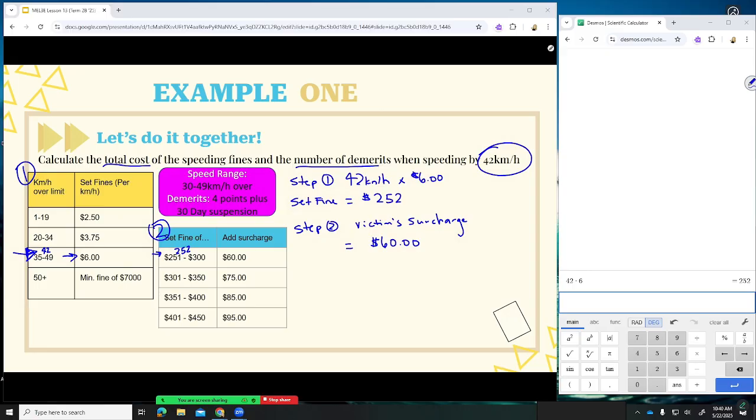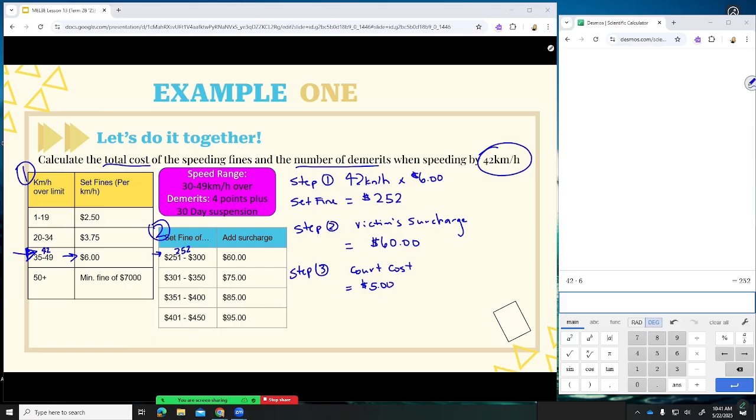Then we know every time we are handed a ticket, step 3 is the court cost, and that's an automatic $5. It doesn't tell us anything about failing to appear, so we're just going to keep it at $5.